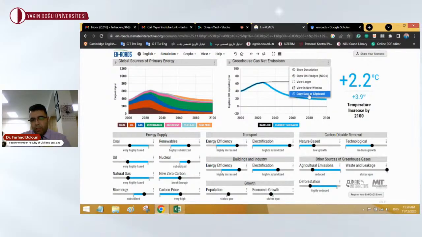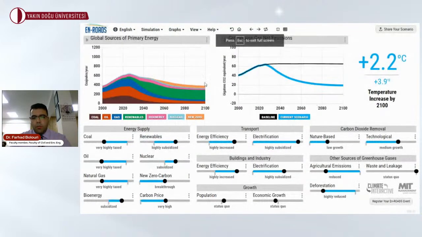You copy data from here, and if you go to an Excel file, you can paste it directly. You don't need to change anything. If you paste it, you have the annual data in your Excel file. This is important for you because you will use it in your papers and reports as a calibration, for example, for your results in your reports and research papers.